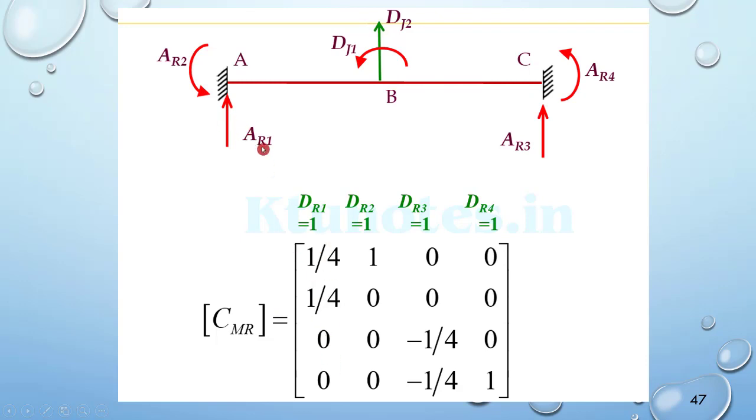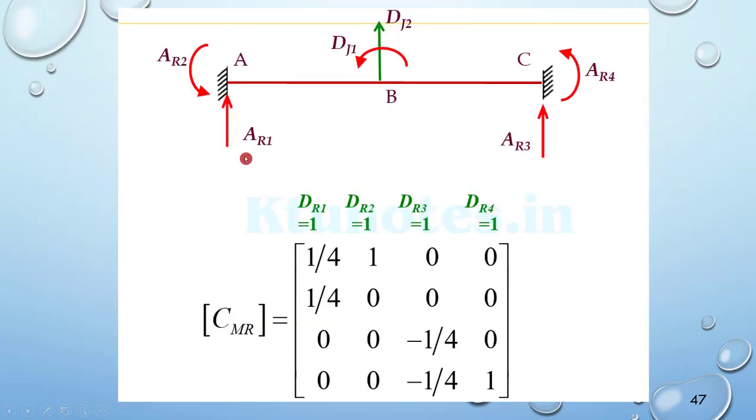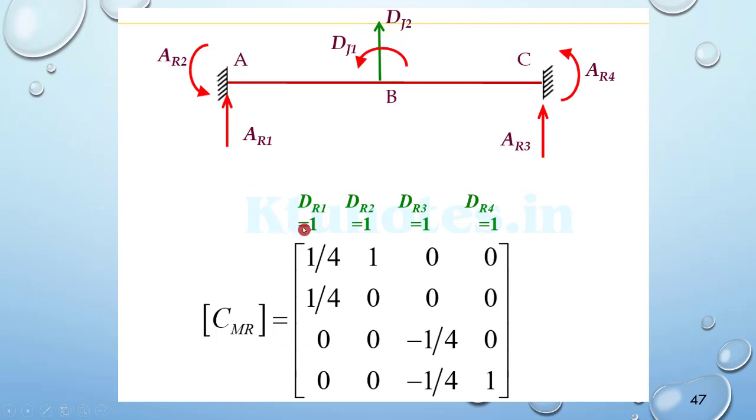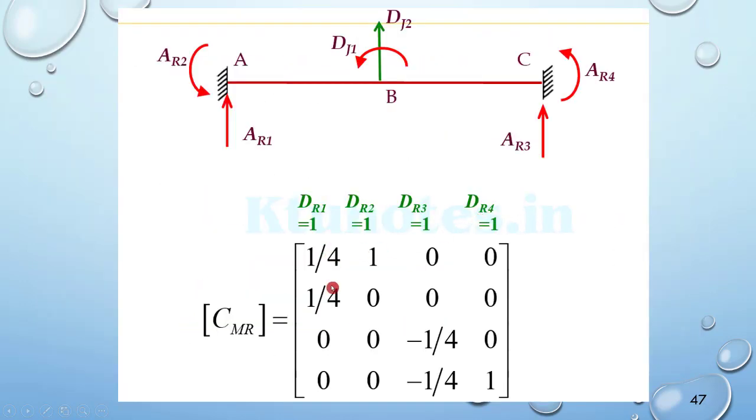So when there is a support settlement here, then 1 by 4, 1 by 4, it is 1 by L, will be the corresponding rotation, and it won't affect the second BC element, so 0 0.